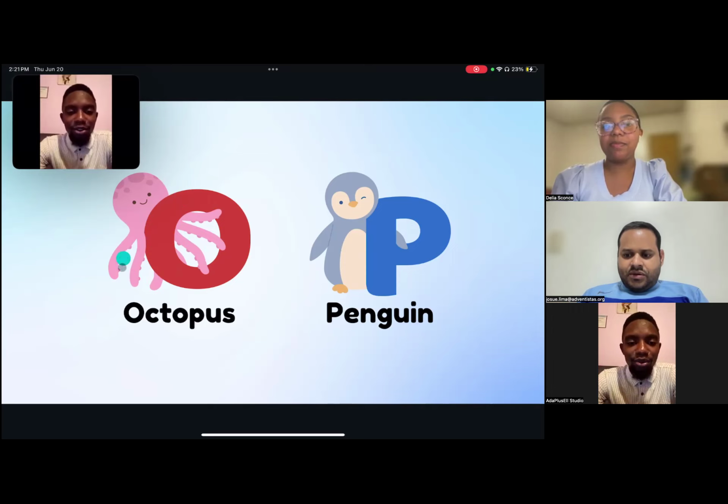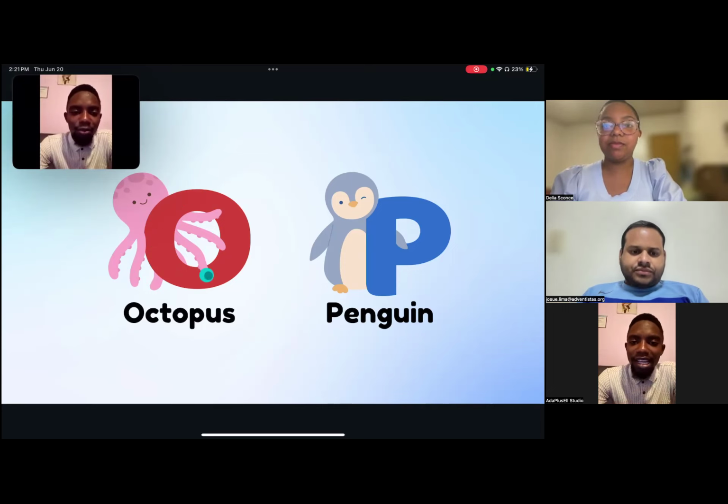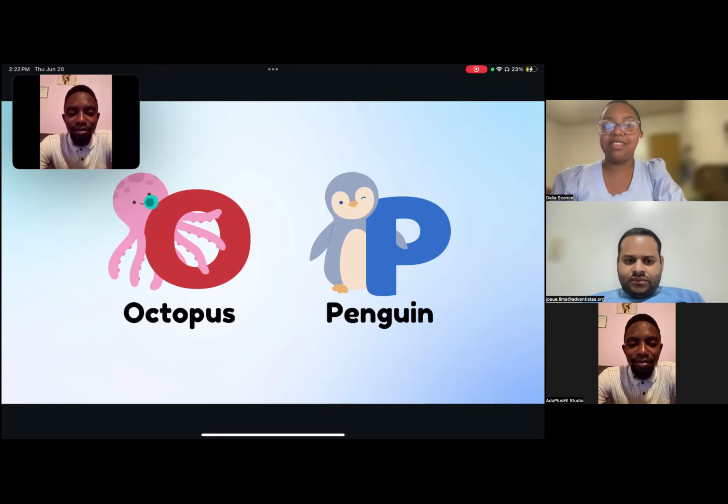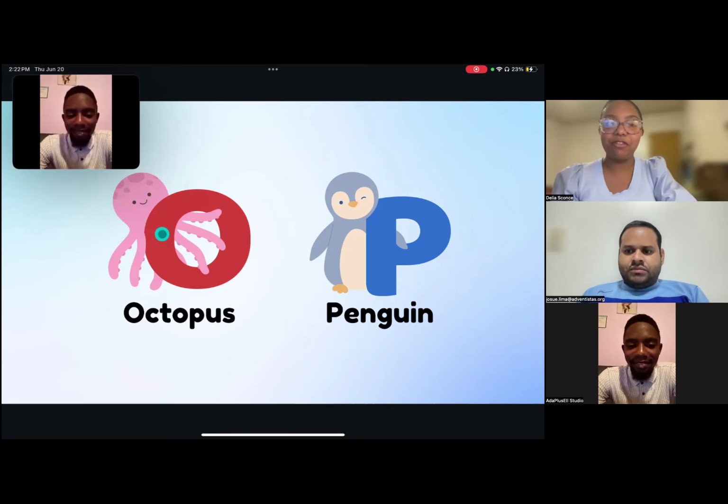If it wants to protect itself, it can use them. And it also helps them to feed, to grab food and eat it. And scientifically, its mouth would not be here. It would be on the underside of its stomach, so it could pull the food into its mouth with its tentacles.